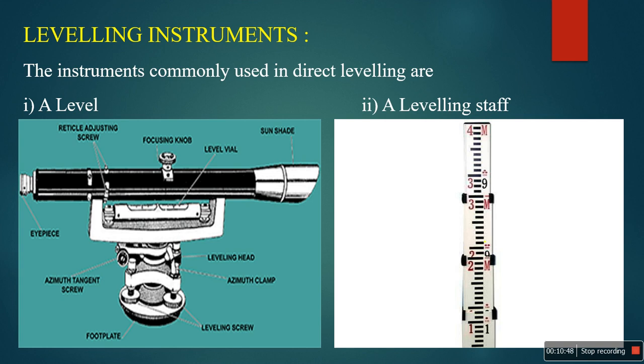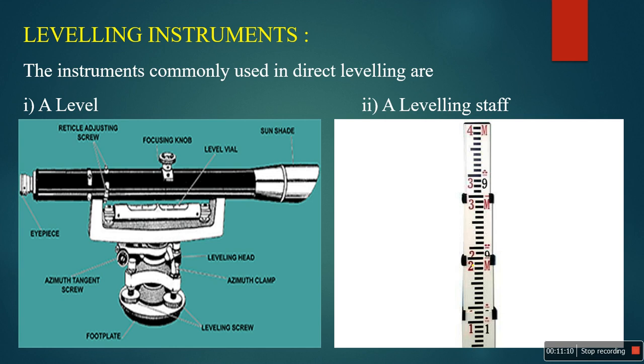Similarly, the white portion in between two black lines, its height is also the same, 0.005 meters. With respect to that they have marked 1 meter, 1.1, 1.2, like 2 meter, 3 meter and 4 meters.